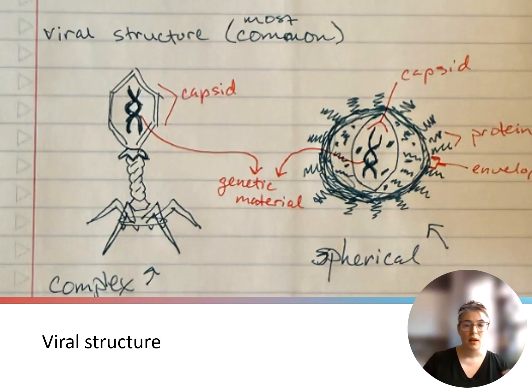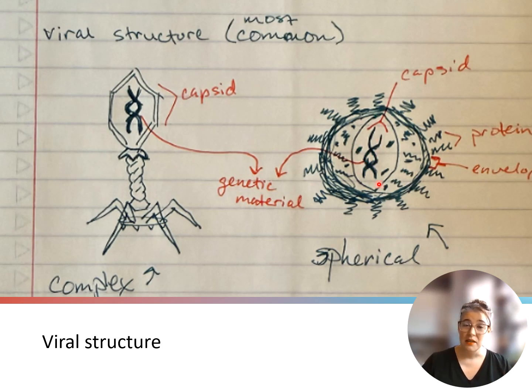So here you have just some hand-drawn examples of two pretty common types of viral structures. We have our spherical, and that's going to be the shape of a ball. It's a sphere. So inside is the genetic material.